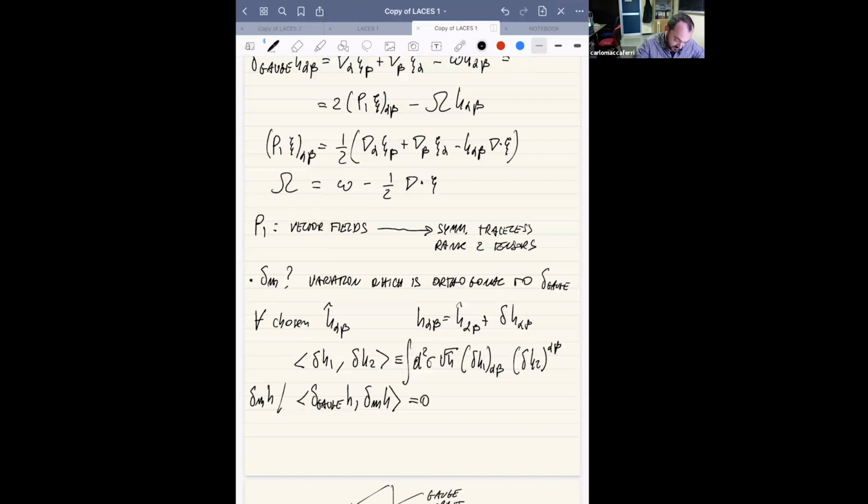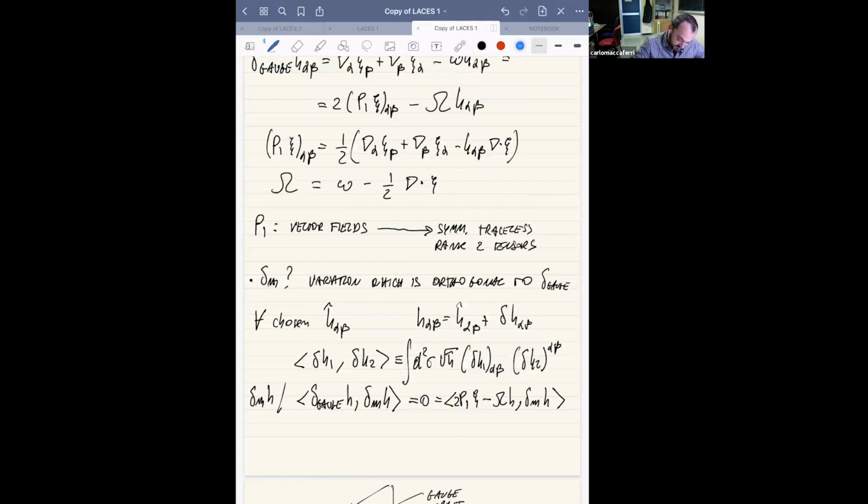If we look explicitly at what this means, here I have ⟨2P₁ψ minus ωh, δ_M h⟩. This gives me two conditions, because the gauge variation of the metric is done with two ingredients.